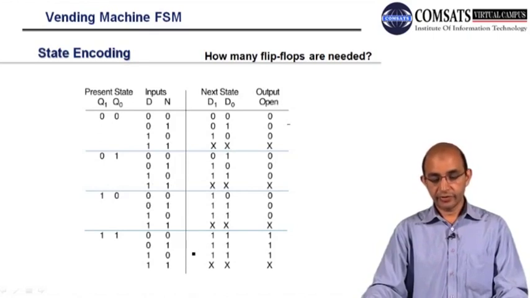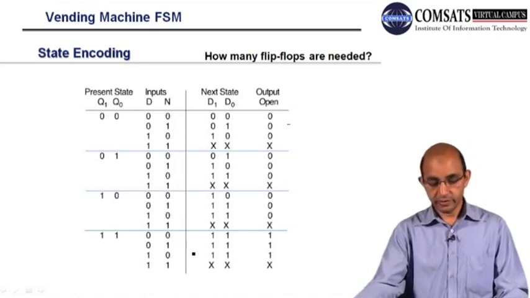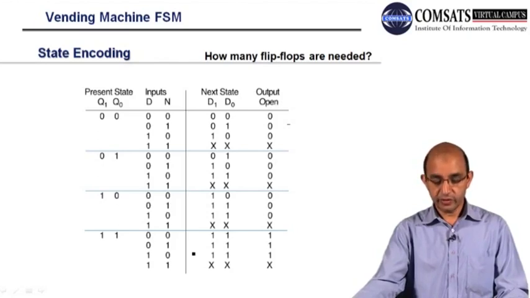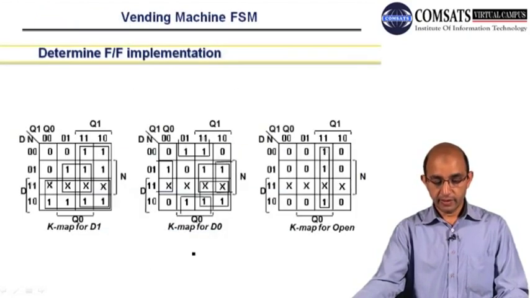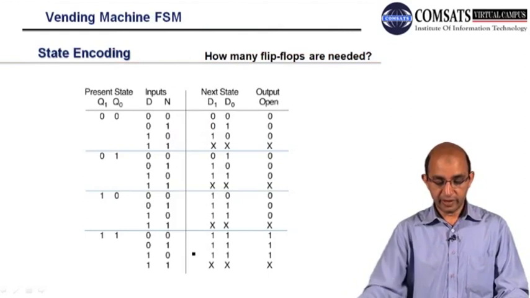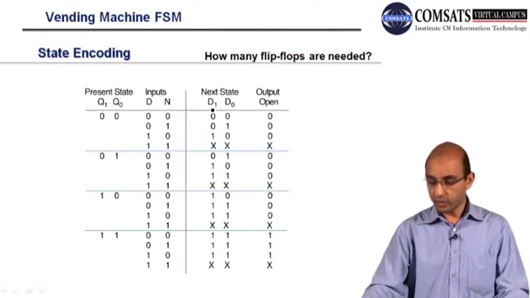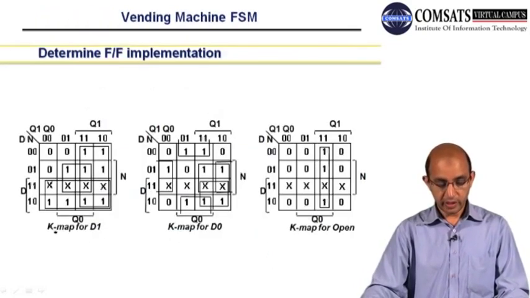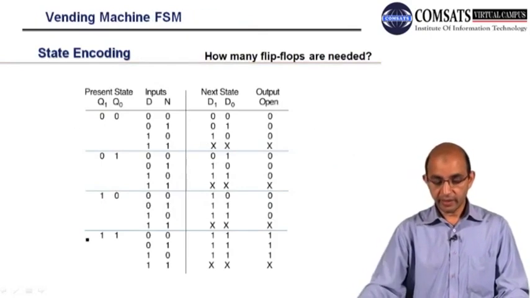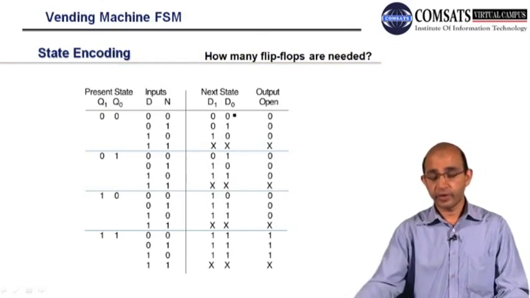After encoding the state table, what we need to do next is perform the simplification, so this is the K-map simplification. We have the idea how we normally simplify. First I will simplify for D1, so here you can see the K-map for D1, and then I have to simplify for D0.